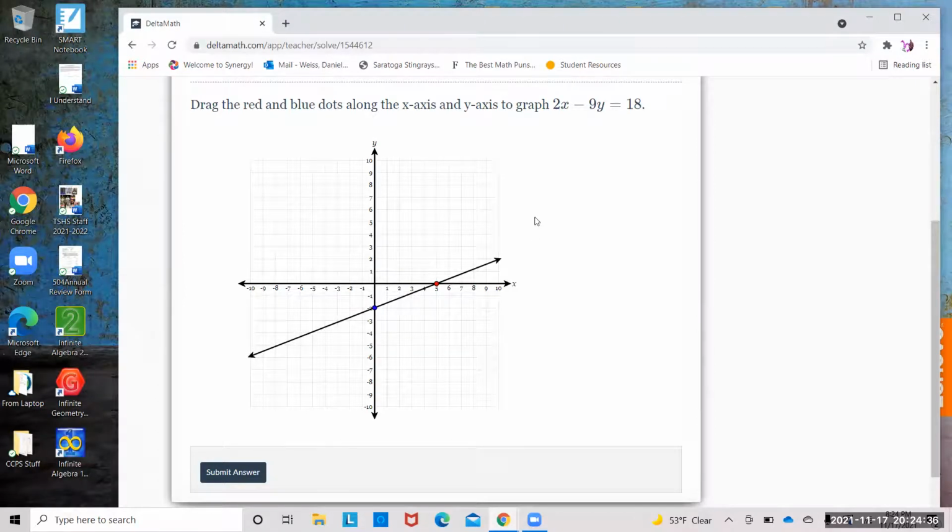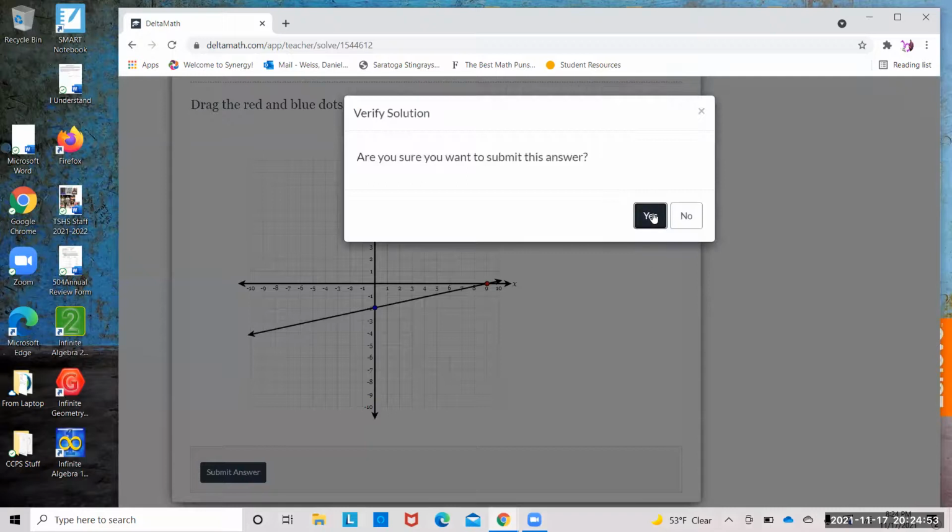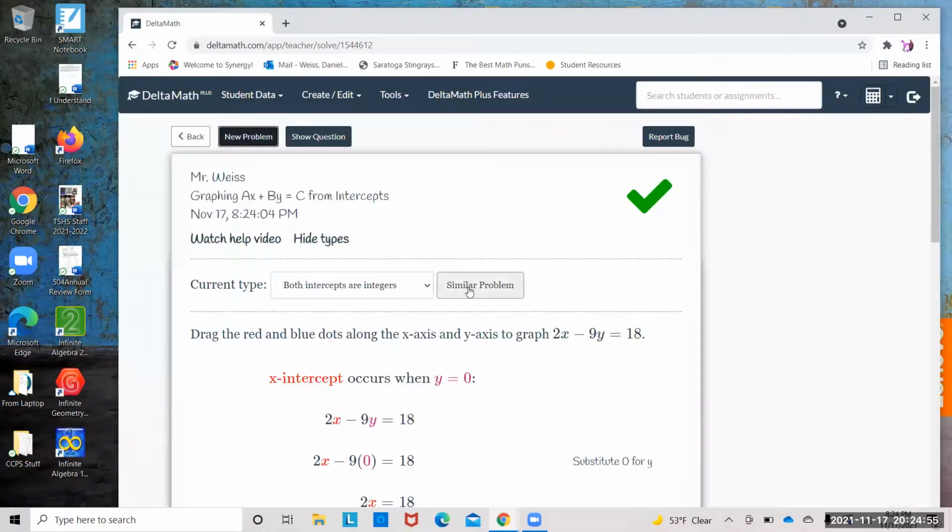Okay. Now, let's say you make y 0, negative 9 times 0 is 0. You're left with 2x equals 18, divided by 2, and x equals 9. So we're going to go to (9, 0), right? There you go. There it is.